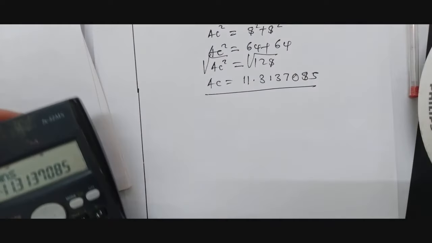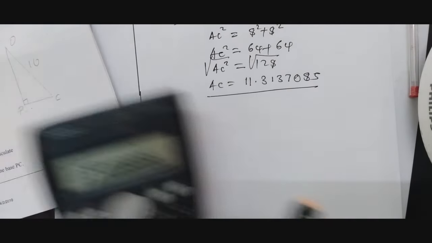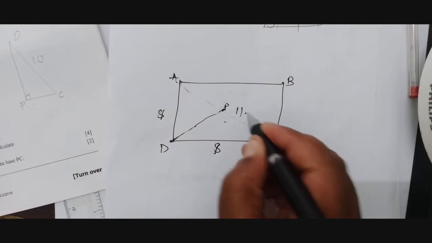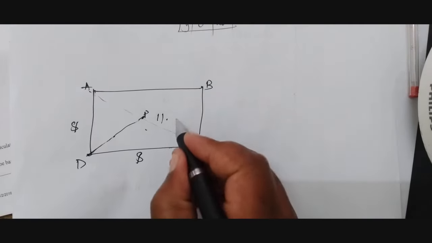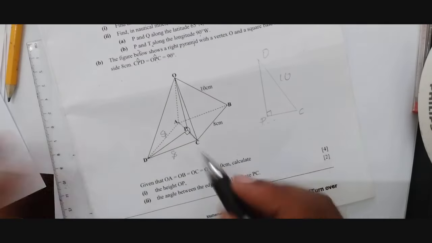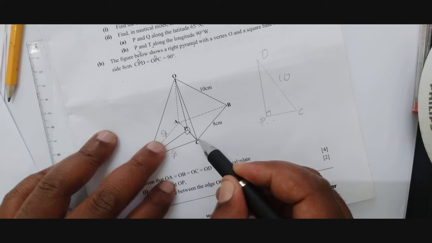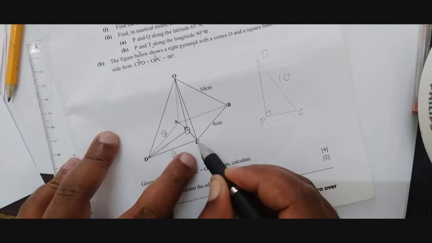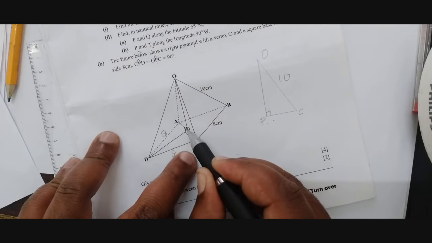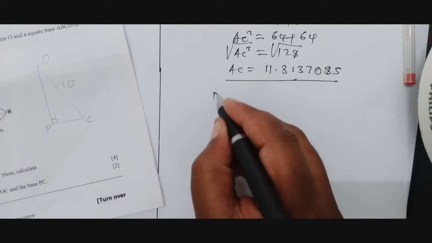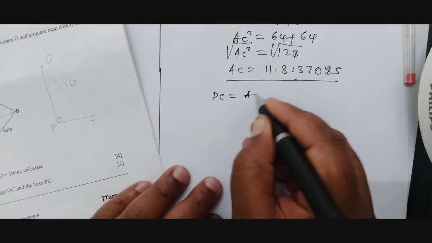So from A to C it is about 11.3. We want to find PC, so PC is equal to AC divided by 2.